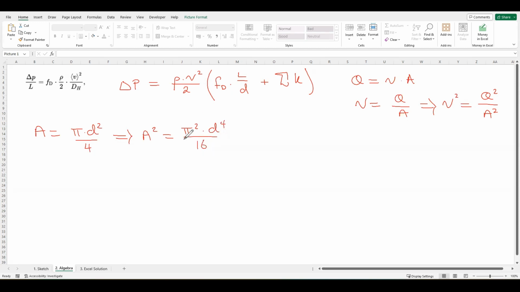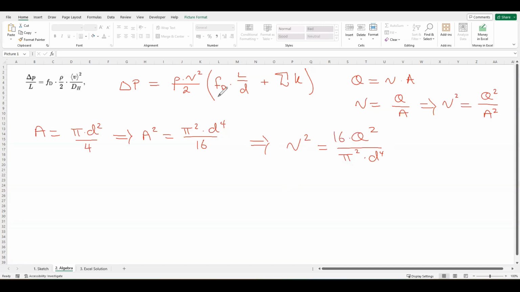Now we can substitute this into this one, which will give us something to the effect of v squared is equal to q squared, which is our volumetric flow rate again, divided by a squared, so pi squared, d to the 4, and then you've got your 16 on top, like that.